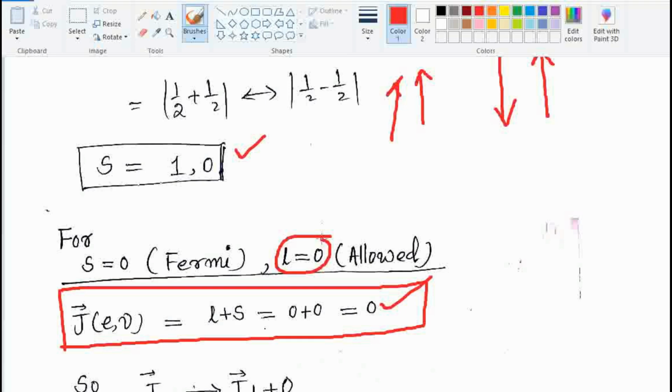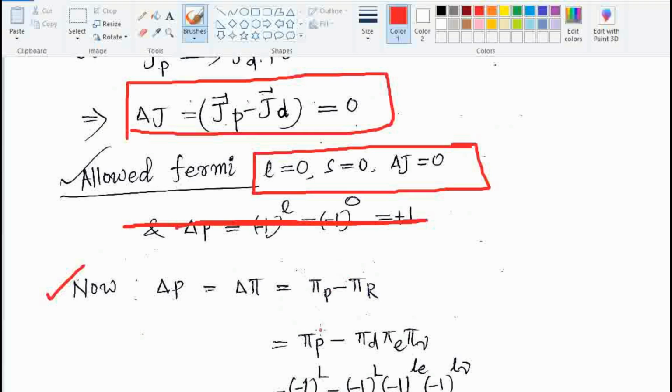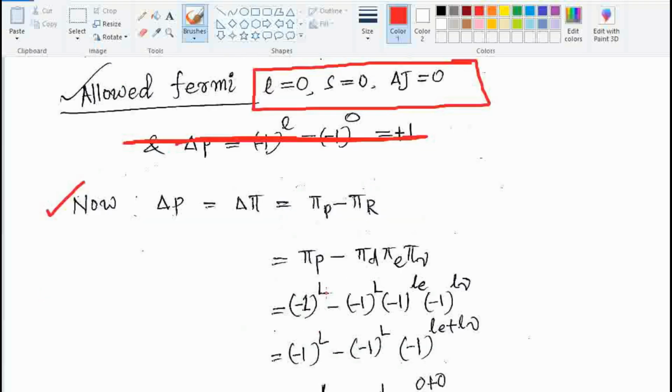So whatever angular momentum was present with the parent nucleus before is also present after the reaction. That's why this L value is the same for parent nucleus and daughter nucleus, but we don't know what the L value is.